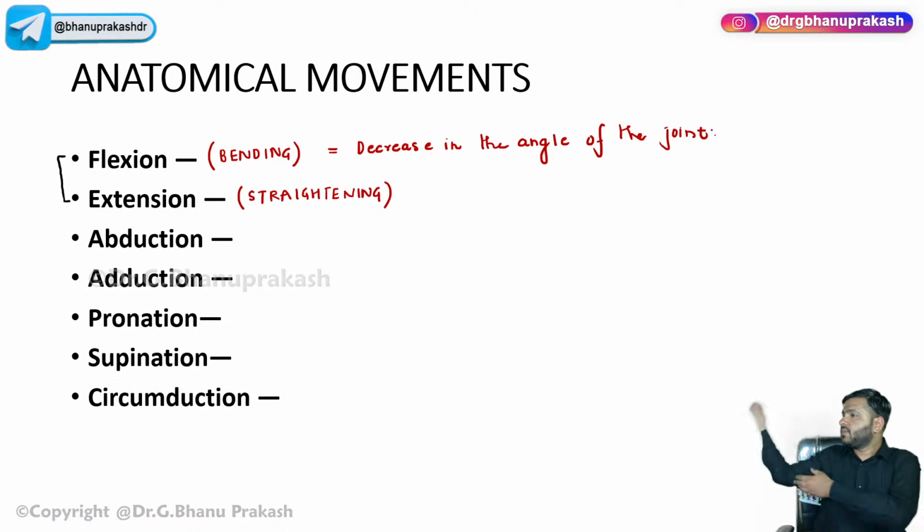You already know in a straight line we have 180 degrees, and as the forearm approaches the arm region, the angle is constantly decreasing. So a decrease in the angle at a particular joint is called flexion. Opposite to this movement, an increase in the angle at the joint is called extension, right?